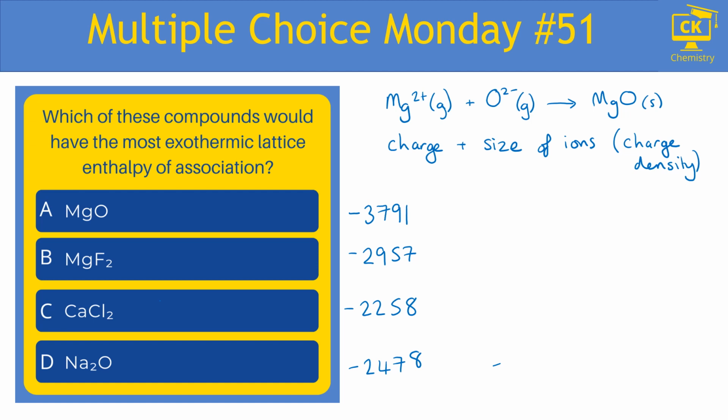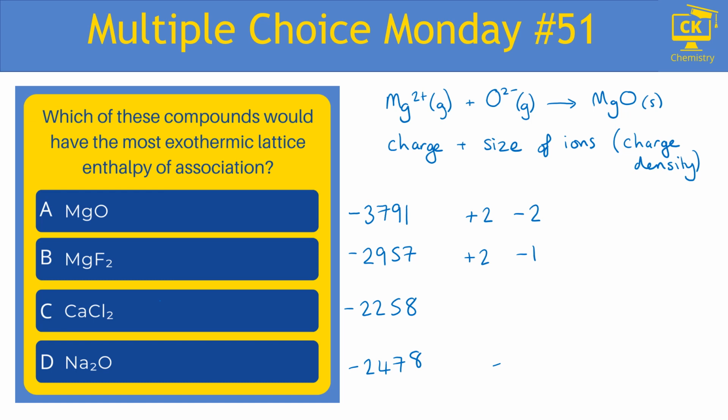And the reason for that is because charge is the most important, and in fact these ions are both very small and highly charged, and that is because we have a +2 and a -2. In B we have +2 and -1. Now we do have 2 lots of -1 ions, and fluoride ions are very small, which is why B is the second most exothermic lattice enthalpy. Then in C we've got calcium chloride, and you can see what a difference it makes.